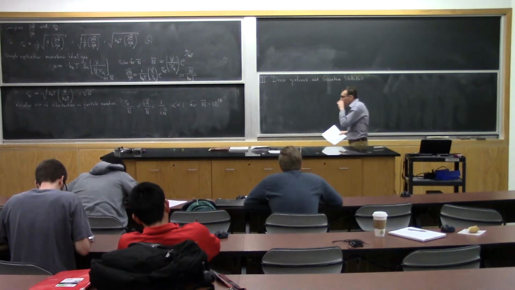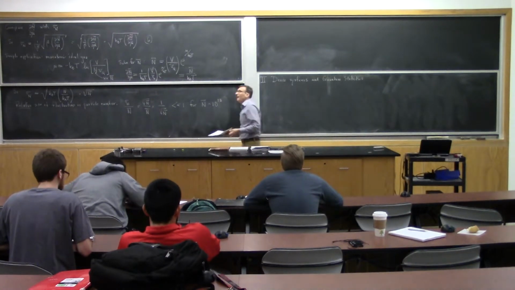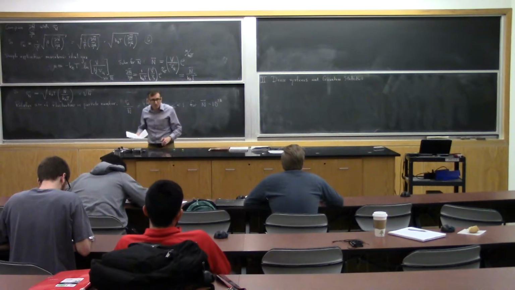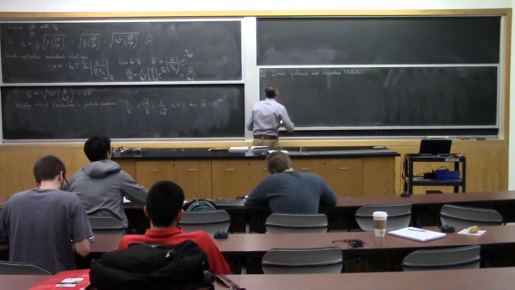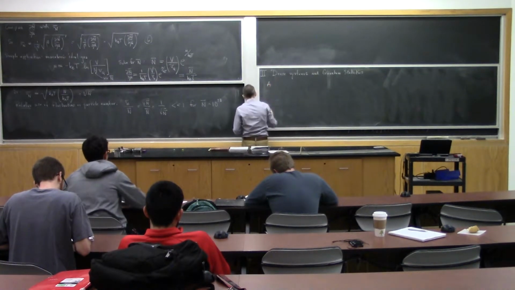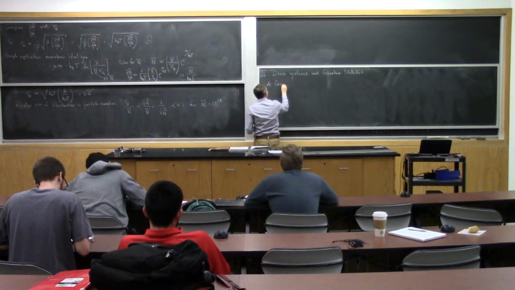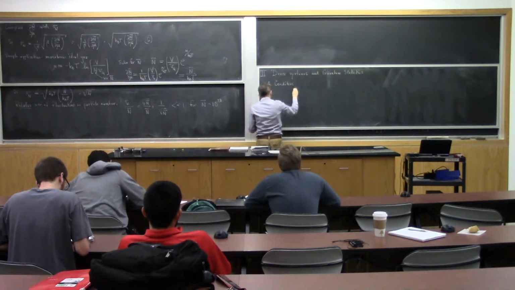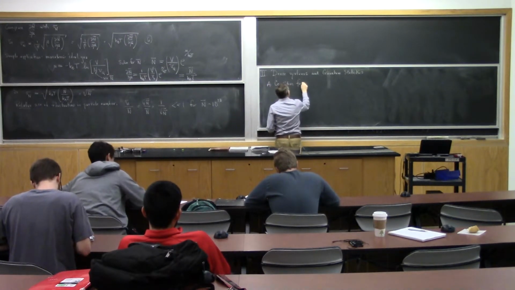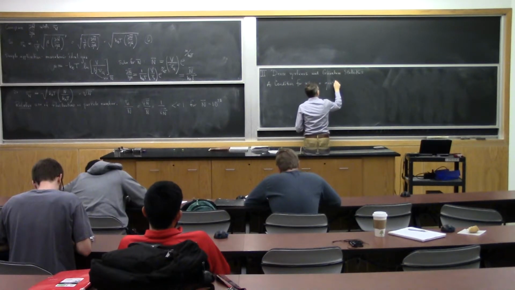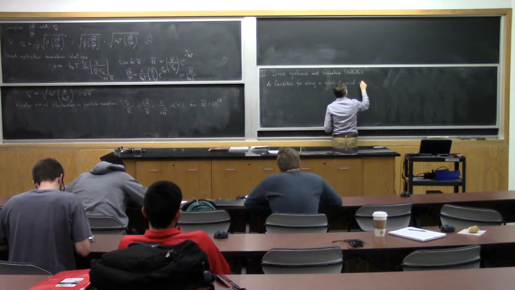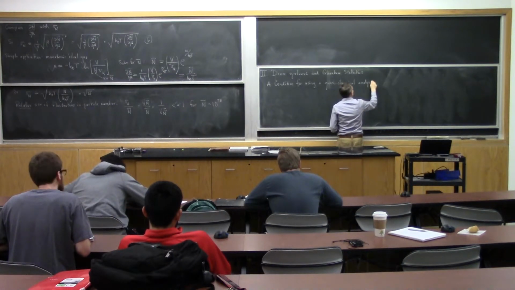Let me start with a reminder of what I had about a week ago, where I talked a little bit about the so-called quasi-classical analysis of a system. So let me remind you, what is the condition for using a quasi-classical analysis?